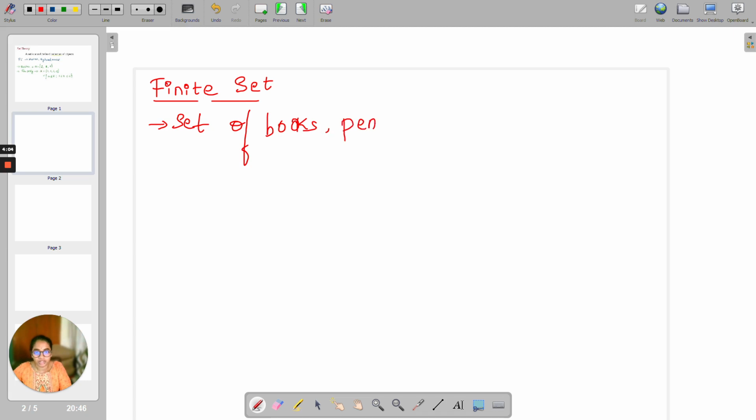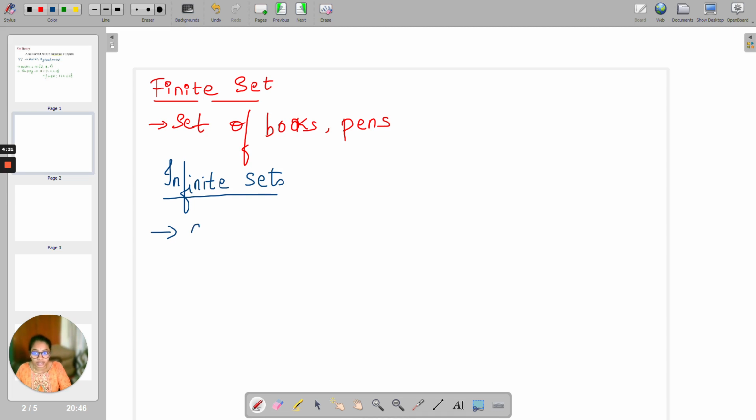Okay, now what is an infinite set? An infinite set is a set in which the elements cannot be counted. Okay, for example, can you think of any examples now? Yes. Can you count the number of stars?